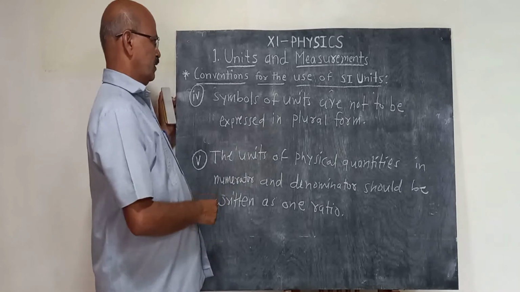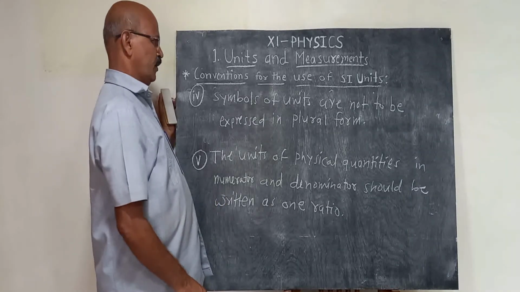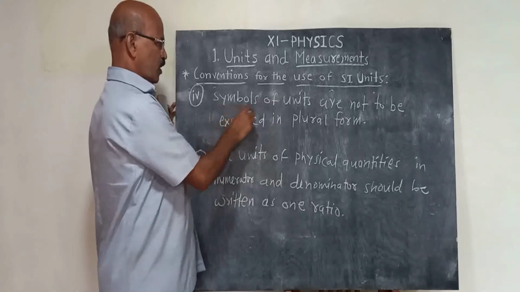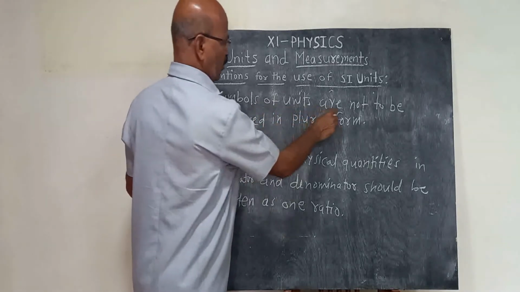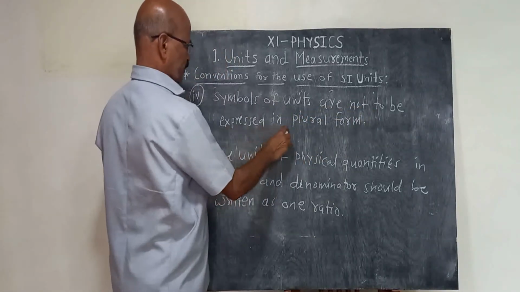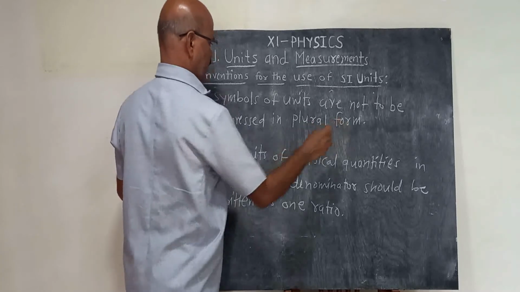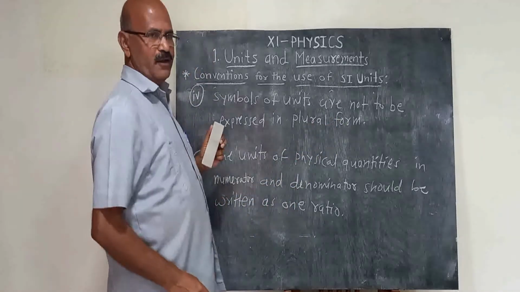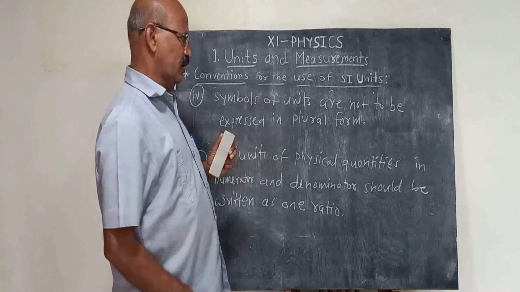The fourth convention for the use of SI units is that symbols of units are not to be expressed in plural form. For example, the SI unit of force is newton.